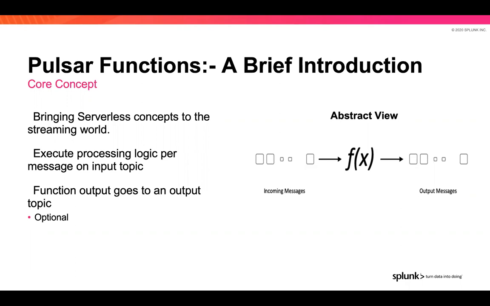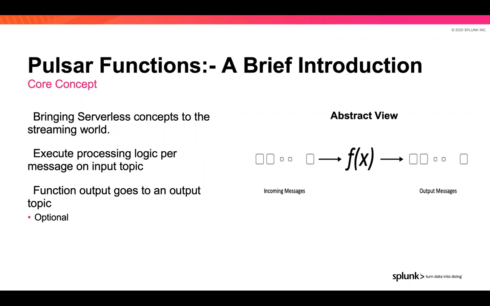AWS Lambda is a perfect example of that, where you provide the code itself, and the infrastructure and how it gets executed is hidden from the user. You don't really need to know how the underlying mechanism works, where it's deployed, or what instance it's running on. It allows the developer to focus on the processing logic itself. We thought that was a very popular feature and a natural fit to the stream processing world, so we decided to create Pulsar Functions.